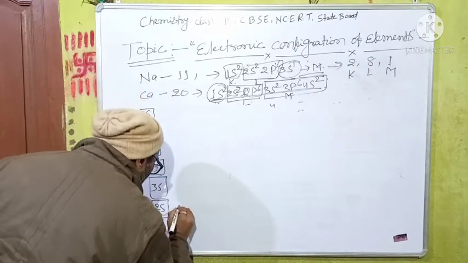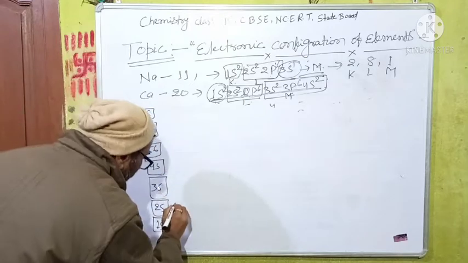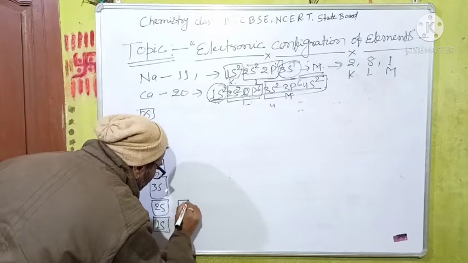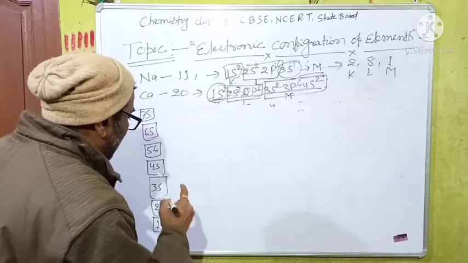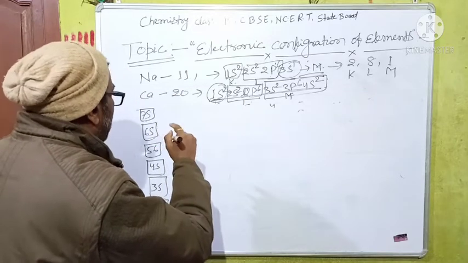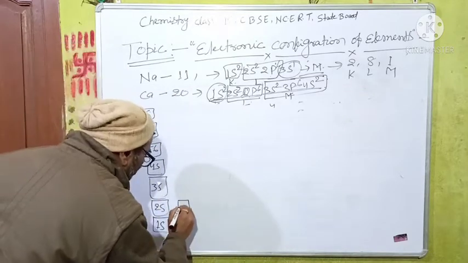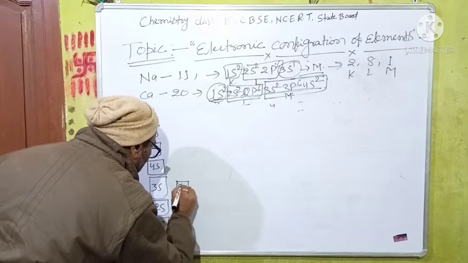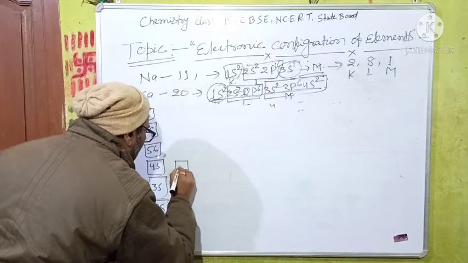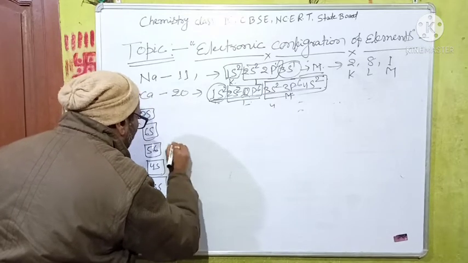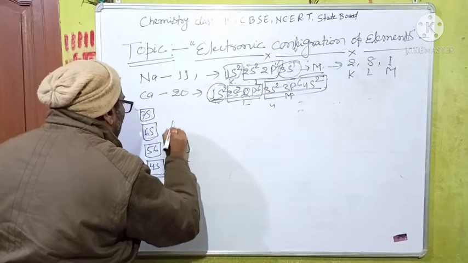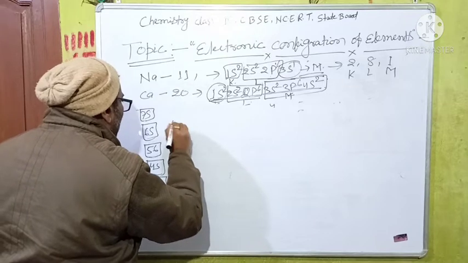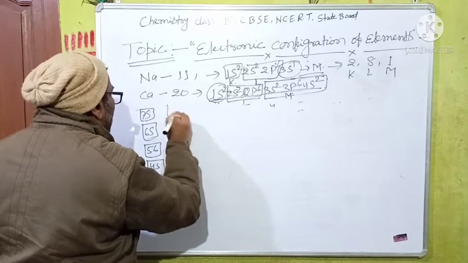Now P is not found in the K orbit; it starts in the L orbit, so it starts at 2P, 3P, 4P, 5P, 6P, and 7P.